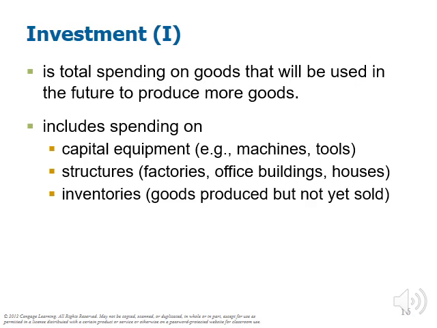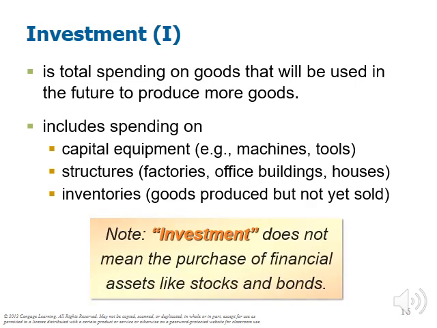Saving is merely parking your funds in a financial asset where someone else will use them in a value-producing endeavor. And that's where your rate of return or interest will come from. Keep in mind, in this class, saving is the purchase of stocks and bonds, and investment is spending on capital equipment, structures, inventories, and the like.